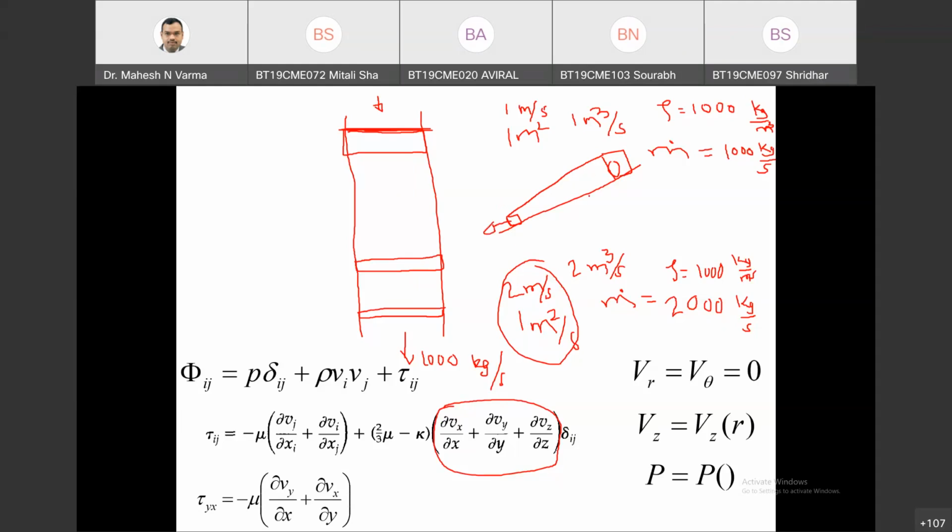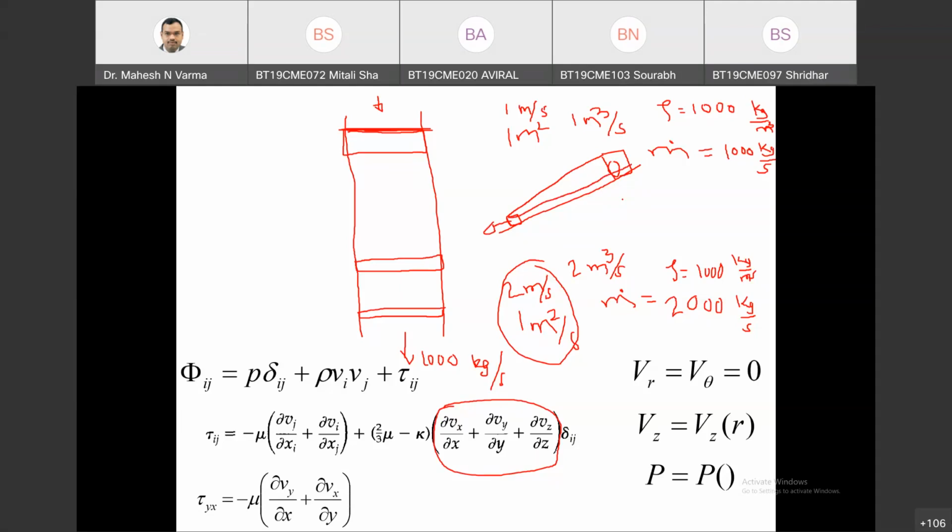This is the film. In the previous case I was talking about only a very thin layer, delta is very small, where viscous forces dominate over gravitational force. Now clear? Yes, sir. Okay.